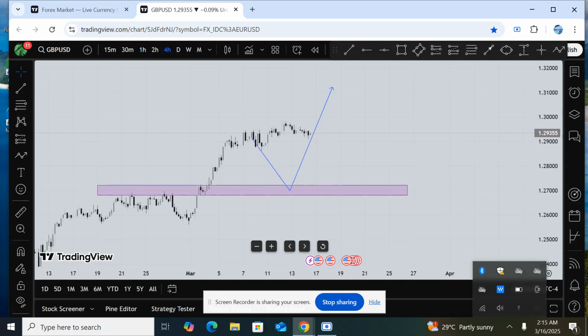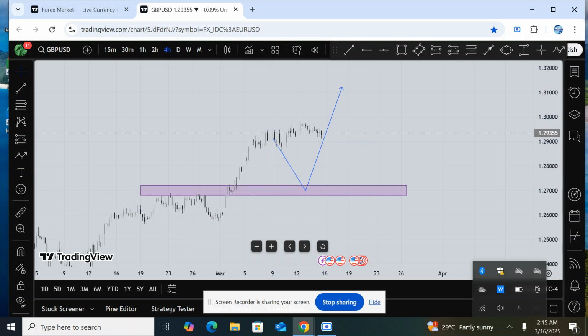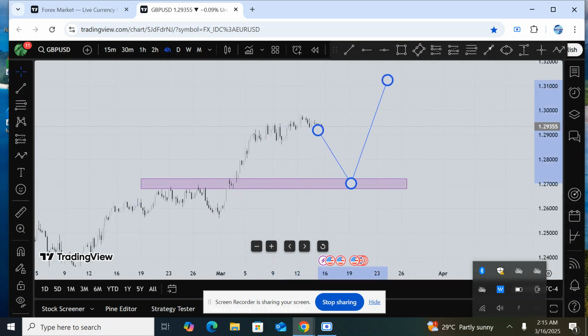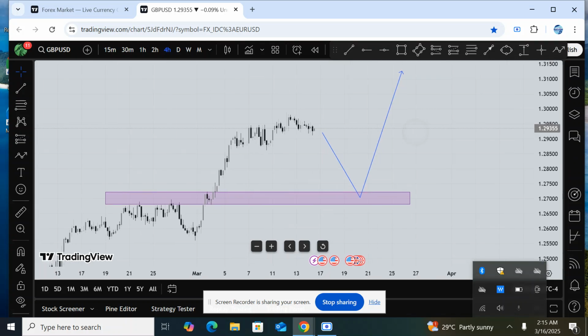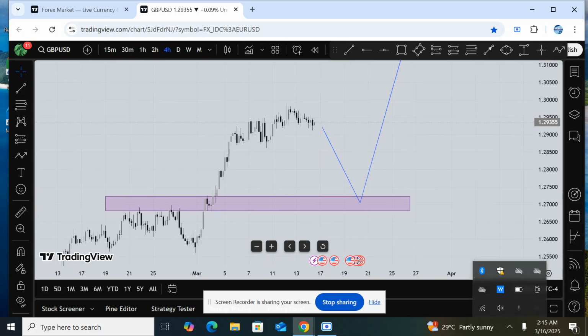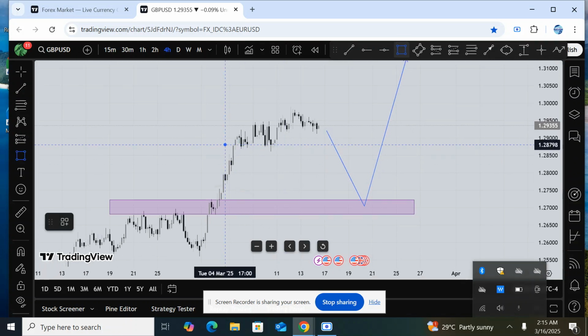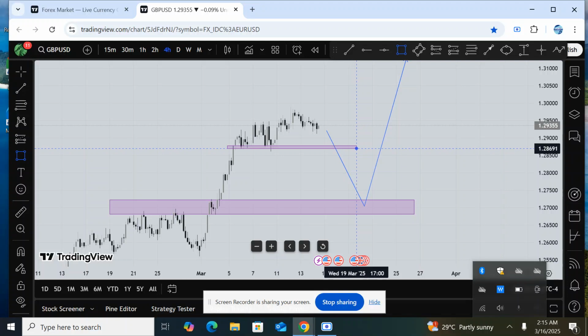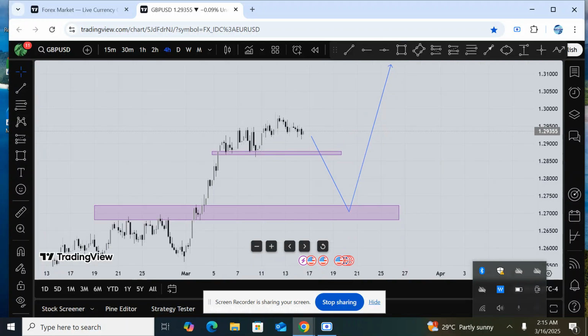GBP USD. Last week we anticipated this pullback on GBP USD, that the market should give us a major pullback right about this zone. But guys, with what I'm saying, I do feel GBP USD might just decide to give us something like this. I'll draw a zone here, right about here, and I will wait for a pullback.